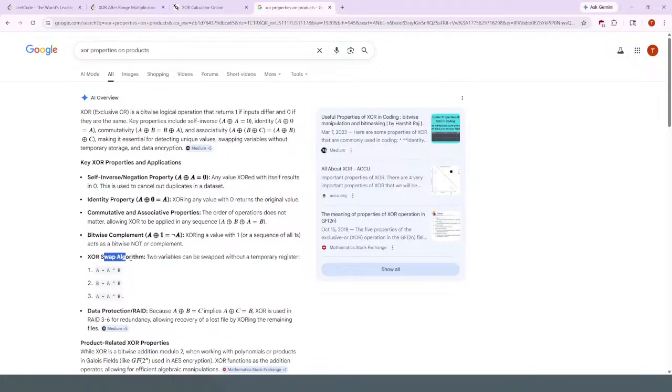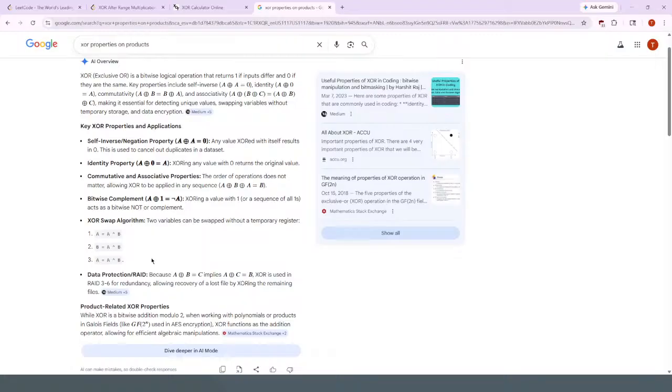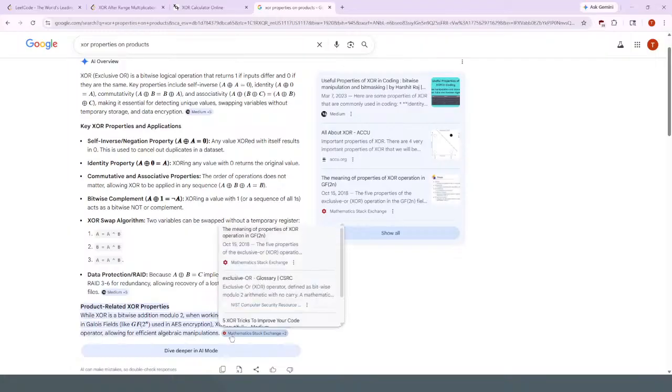Yeah, this is kind of cool. This XOR swap algorithm. Well, XOR is a bitwise addition modulo 2 when working with polynomials or products.